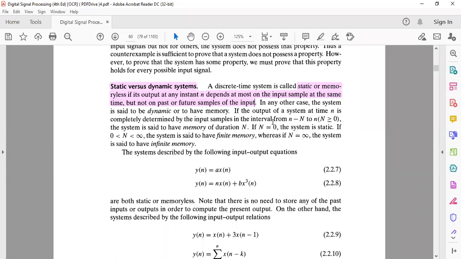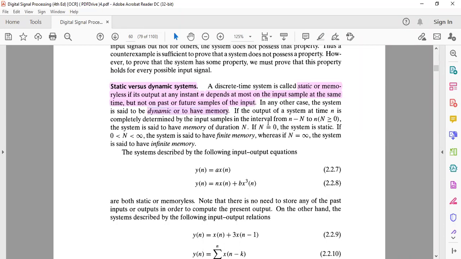It cannot calculate a cumulative sum, because the cumulative sum would have to take into consideration the past inputs. It only understands the input at that point. In any other case, the system is said to be dynamic or to have memory.